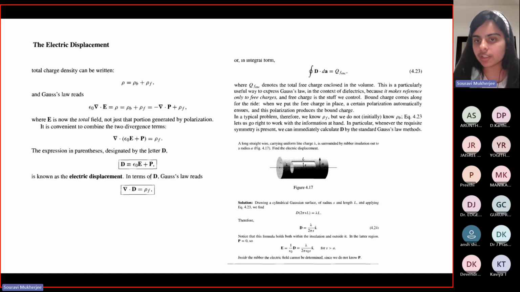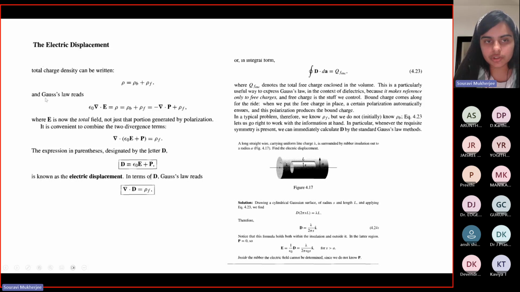So you have control over that charge, and that is something free because it's something you have provided or the system acquires externally. But then there can be bound charges that develop inside the material, right? So if you talk about total charge density, you have contributions from bound charges and free charges.